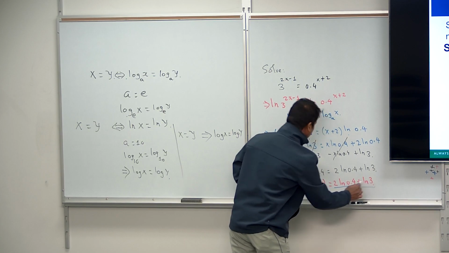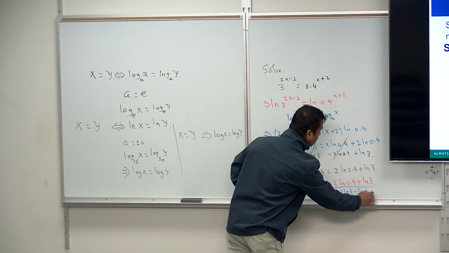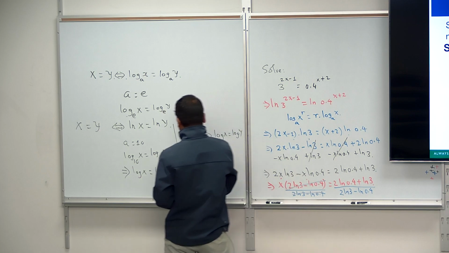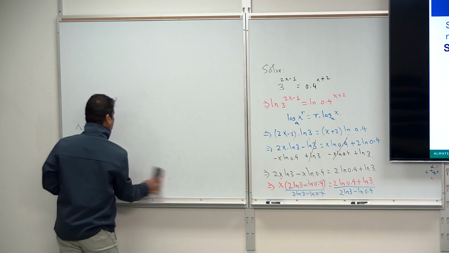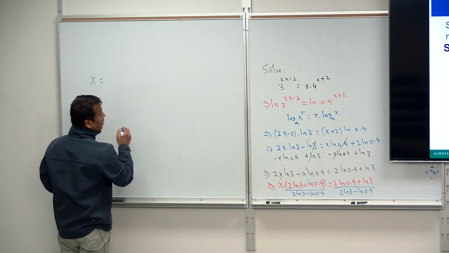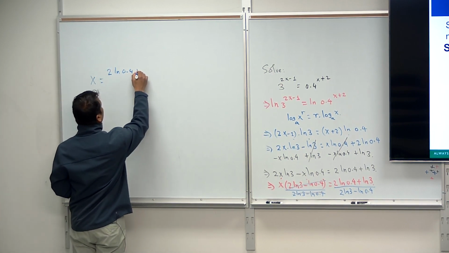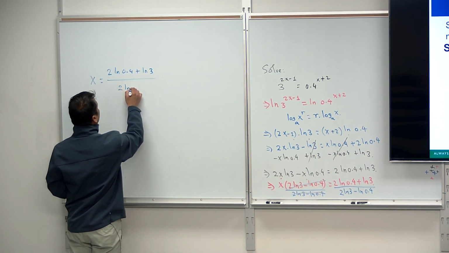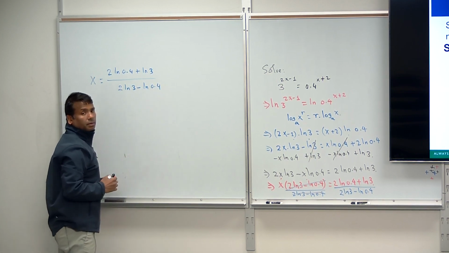So you cross them out. So what will be the value of x? The value of x will be equal to 2 ln 0.4 plus ln 3 over 2 ln 3 minus ln 0.4.